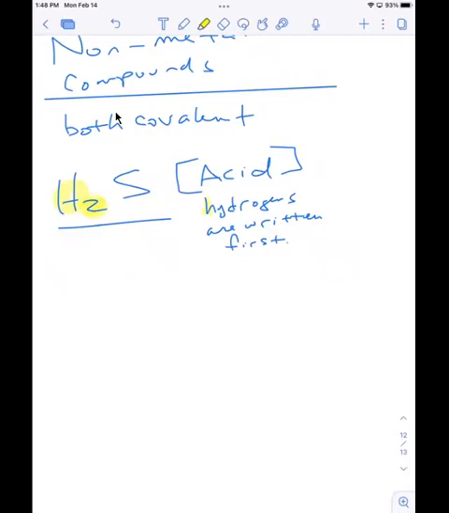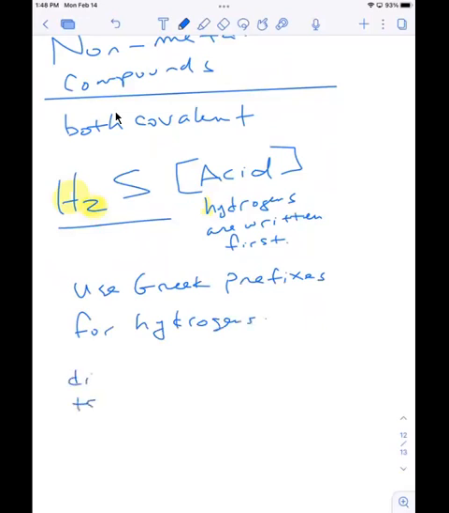All right. So the way that we're going to write this is to use Greek prefixes for the hydrogens. So di, tri, tetra, penta, and so on and so forth.